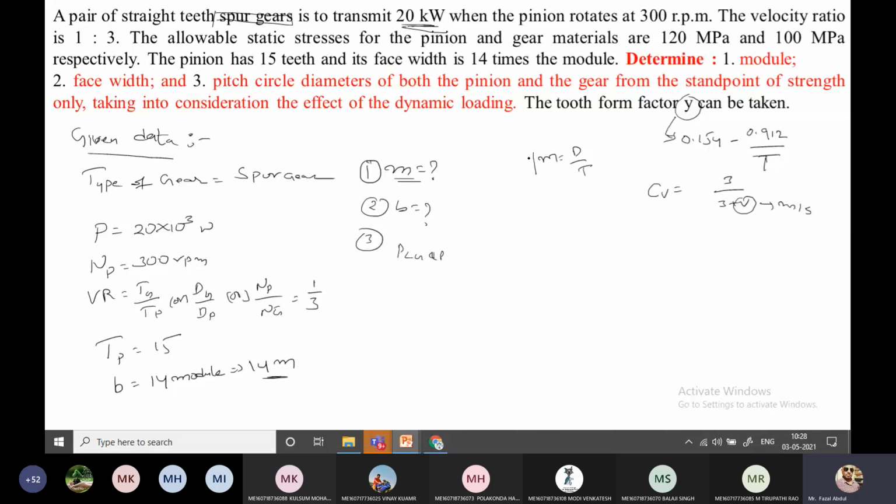With this relation we calculated the module. Another equation also we have, that is Wt is equal to sigma w b pc into y. In this equation pc is nothing but pi m. At the beginning I told one thing, from this relation also we can calculate the module.